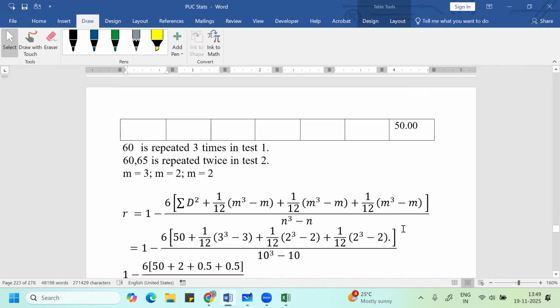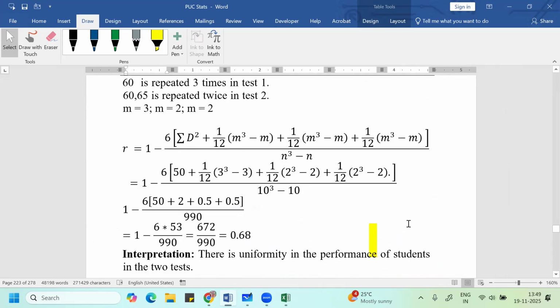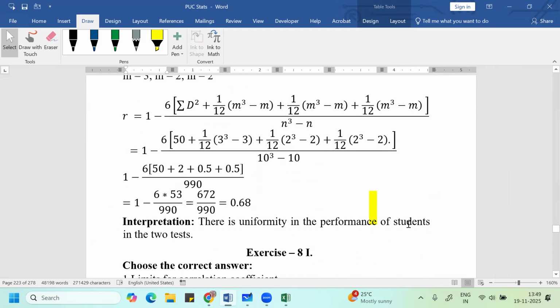You can pause this video and go through what I have done. Instead of doing it the complicated way, I find the sum of d square, and then separately I do the adjustment factor calculation.